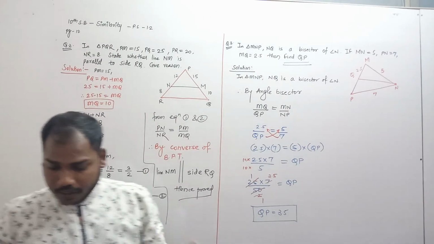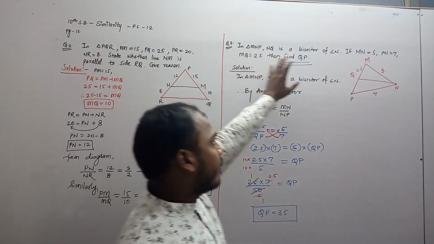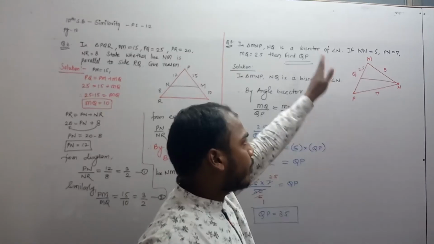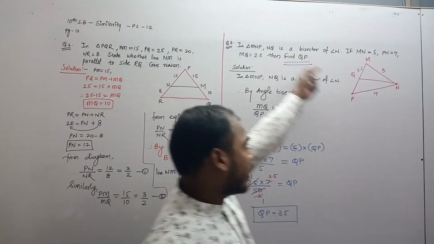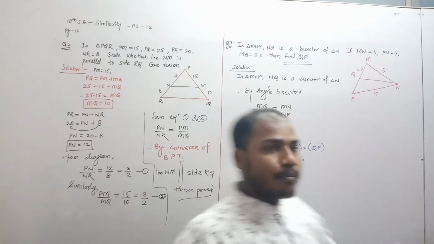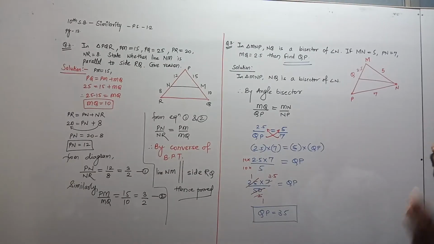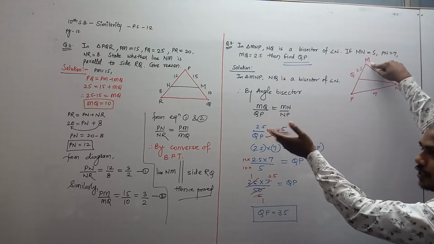I am repeating one more time. In the question they have given triangle MNP, and NQ is the angle bisector. As we know, if we have any angle bisector, we can apply the angle bisector property. When applying it, we have to keep in mind that both ratios use the same vertex.